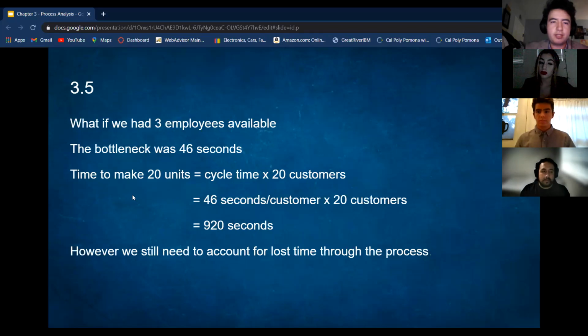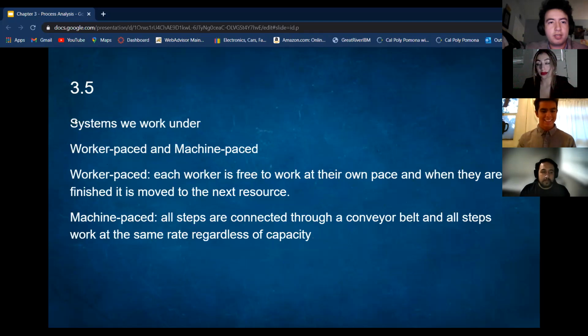In this case, the cycle time would be the 46 seconds, our bottleneck, times 20 customers, and that equals 920 seconds. However, this isn't an exact equation, and we're going to see why right now, because we still have to account for the lost time through the process, which I'm going to explain now.